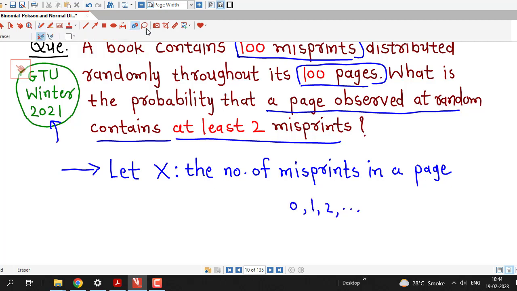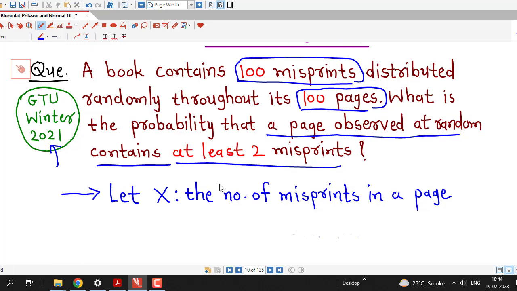So this is a discrete random variable, and we know that whenever we have the number of events during some interval, then that random variable is a Poisson random variable. So this is a problem of Poisson distribution. The variable capital X, which is the number of misprints in a page, is a Poisson random variable.